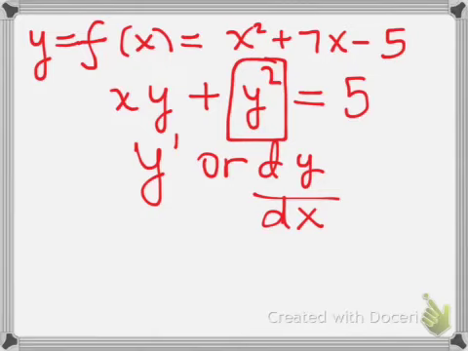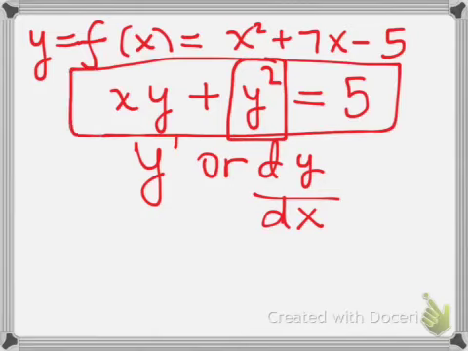If you look at this relation, xy plus y squared equals 5, x and y are two functions now, and you can treat them separately. If you want to find the derivative of this xy, you want to apply the product rule, since this is the product of x and y.